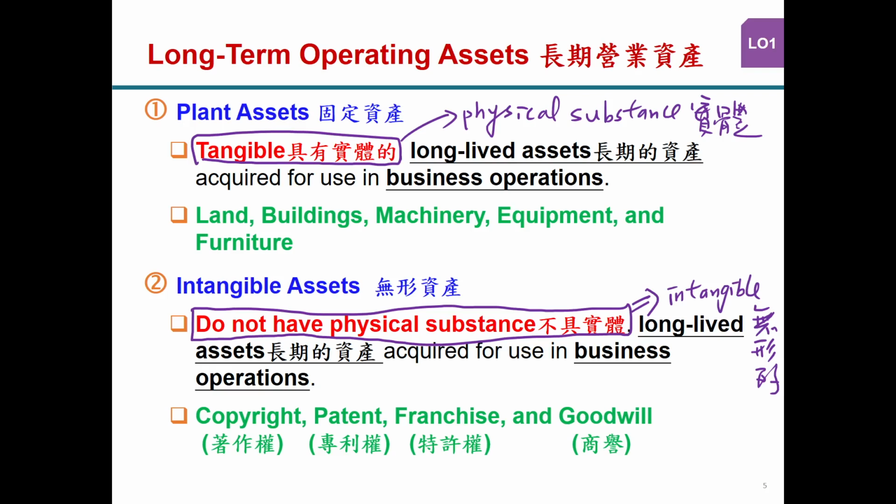Okay, so after we finish this kind of assets, we are done with this chapter. And we focus on plant assets first. If you understand plant assets, then there will not be a big problem for you to understand intangible assets.